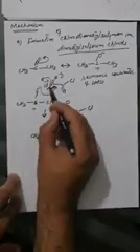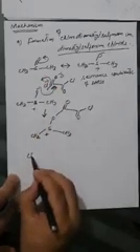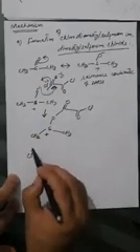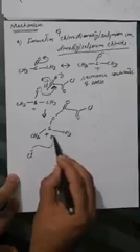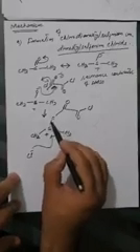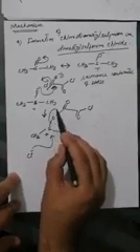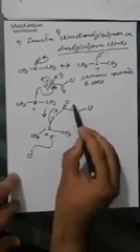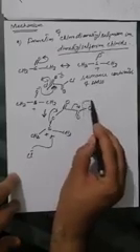The chloride which left in the first step attacks on this sulfur, this bond moves here, this bond moves here, and it leaves.